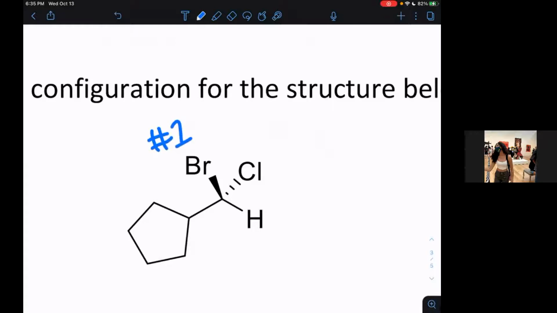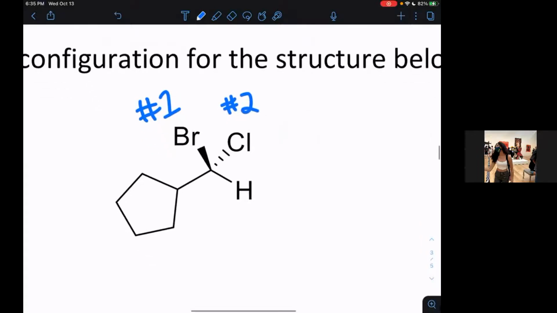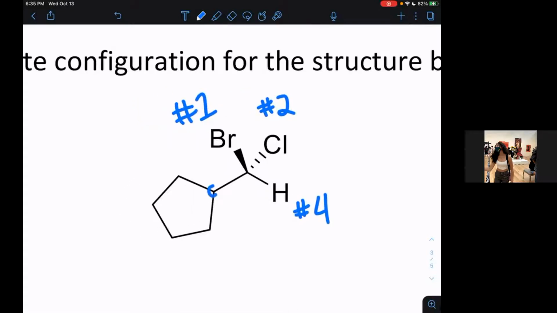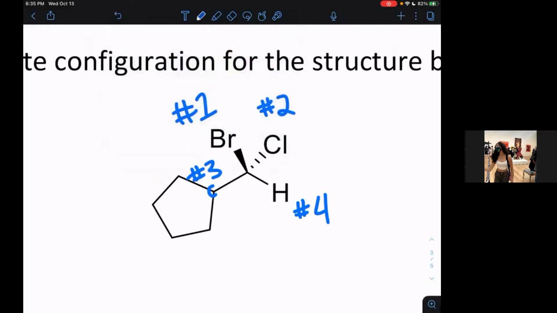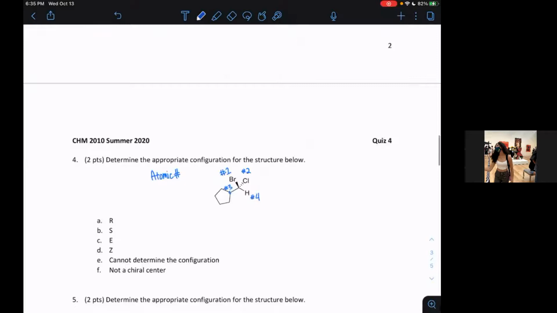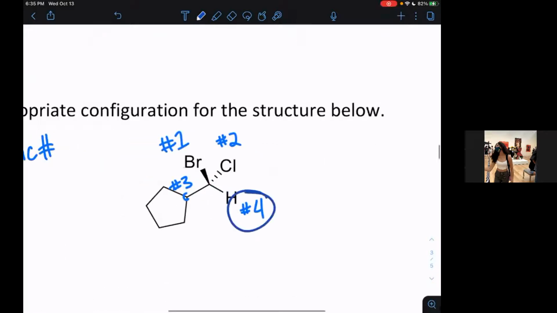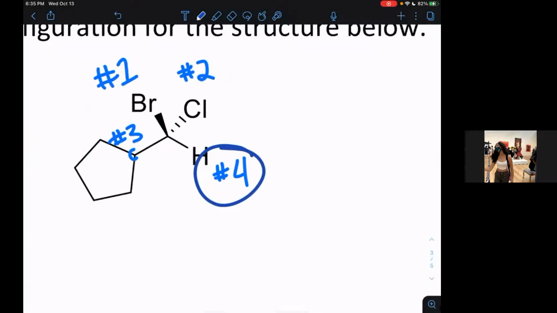And then chlorine is going to be 2, and then hydrogen is always like 4, and then this carbon ring is going to be 3. And then you basically just look at the rules for these naming things. So if 4 is solid, then you could basically ignore it.